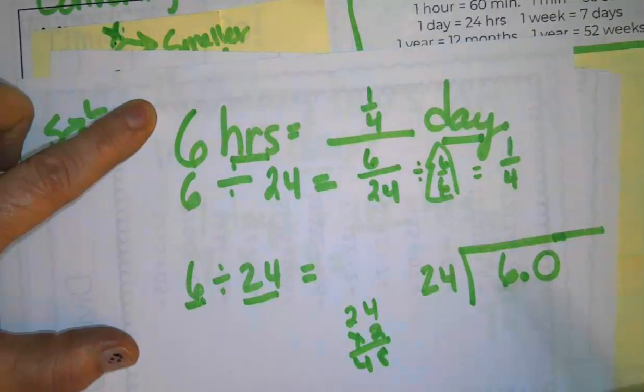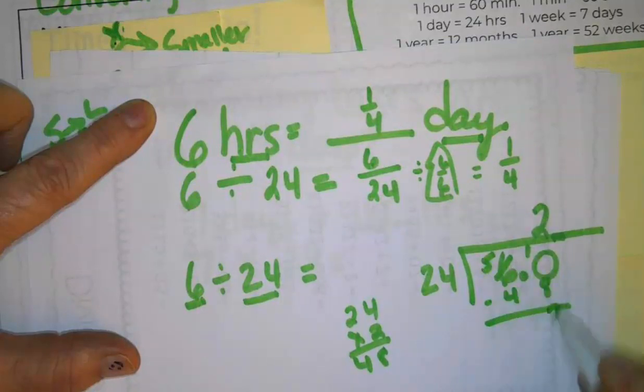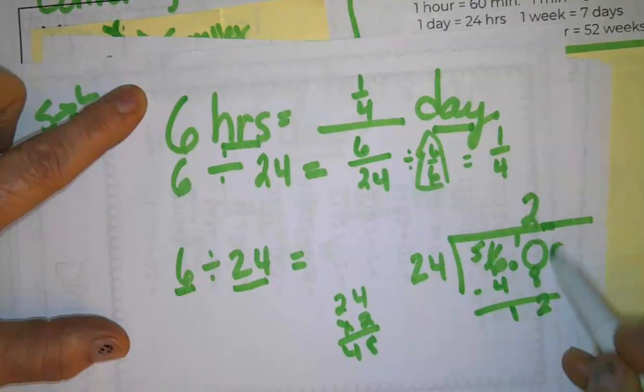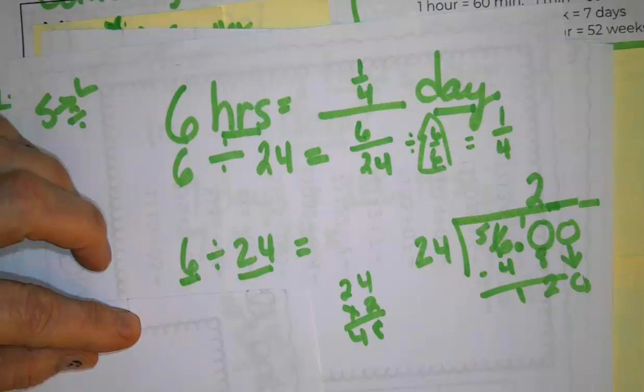So I'm going to put a 2 over top of my 0. 2 times 24 is 48. Subtract. And I have 12 left over. I'm going to annex another 0 and bring that down. I'm going to say 24 goes into 120 how many times? 5 times.